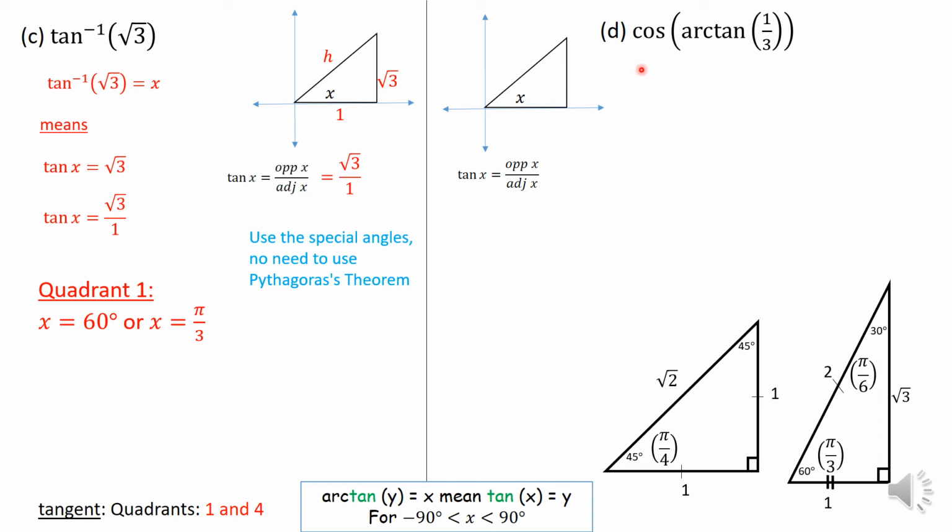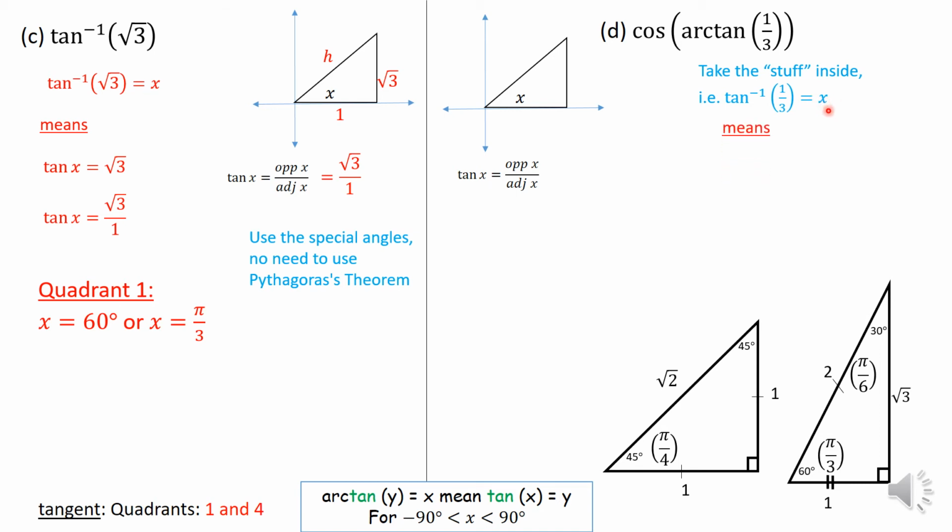Right, when you look at D, it could be confusing, but you realize that I always started my questions with let that stuff equal x, but I cannot let it equal x here because I don't have an arctan or arcsine or arccosine. I just have cosine. So I'm going to deal with the stuff inside. I'm going to say let that stuff inside equal x.